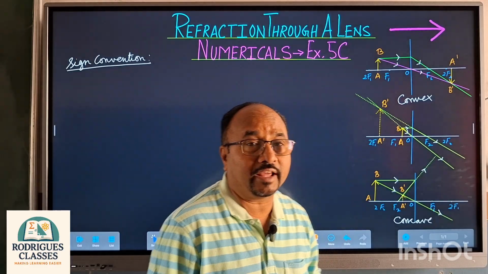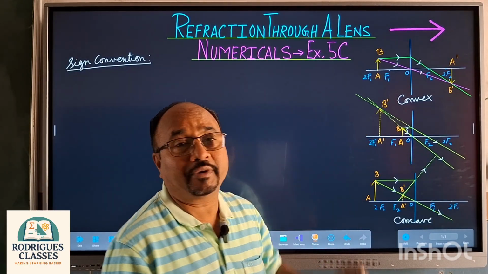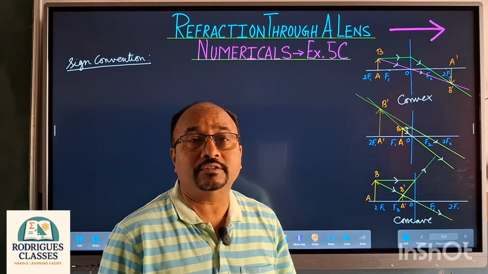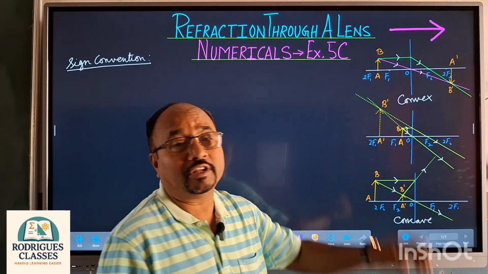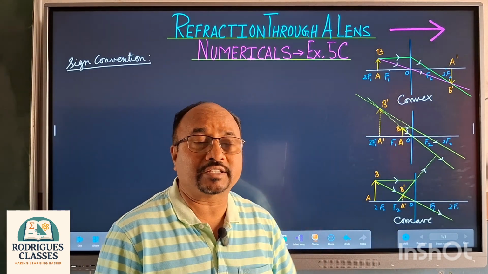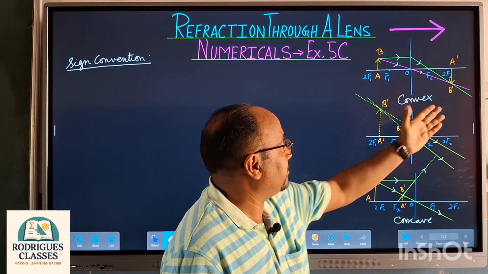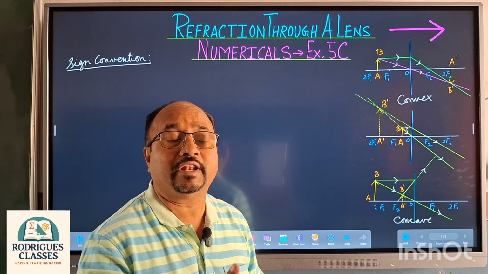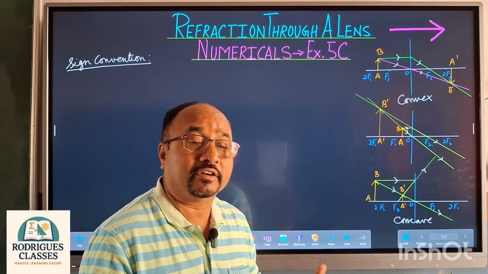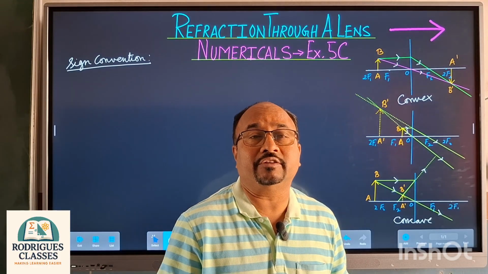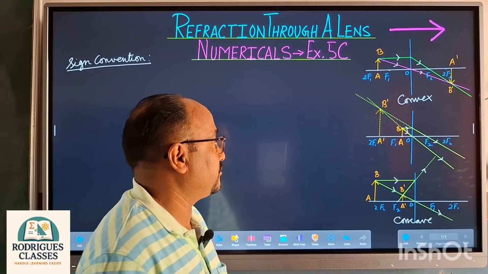In another ray diagram I have taken, the object lies between the optical center and the focus, and you get a virtual image formed which is bigger in size and erect. So in one place we are getting a real image and in another a virtual image, which will help us in deciding whether a real image and a virtual image will get a positive sign or a negative sign.